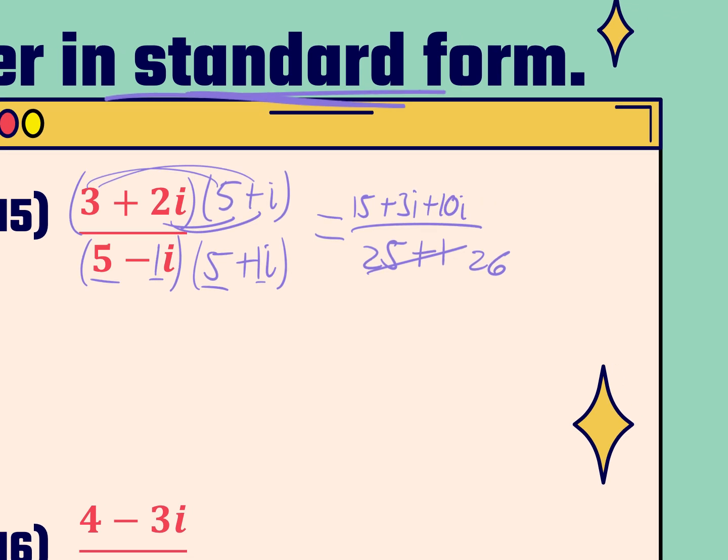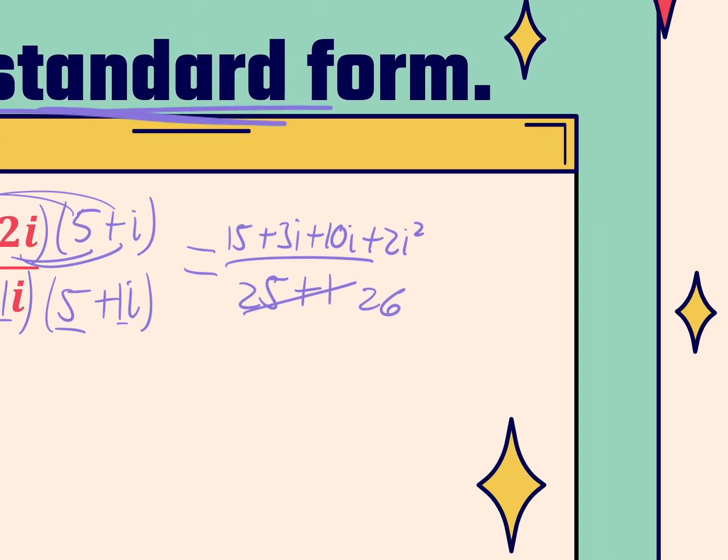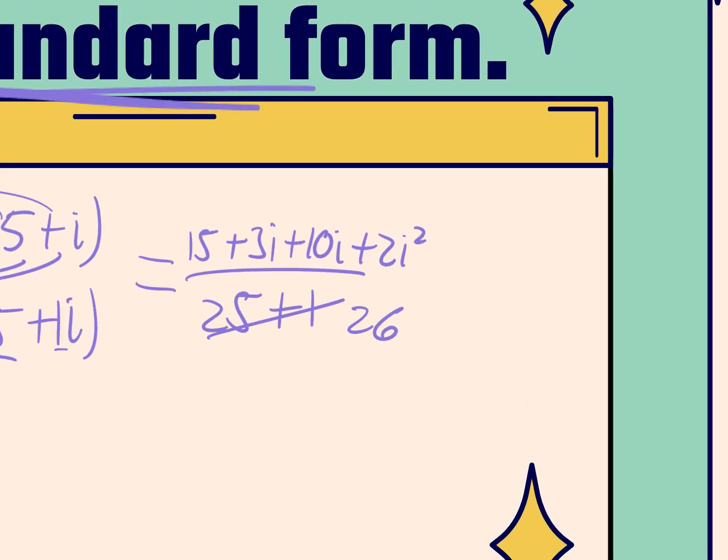And then 2i times the i is going to be plus 2i squared. All right, now replace the i squared with a negative, right? Replace the sign in front with its opposite. So instead of plus 2i squared, it's going to become a minus 2, real number 2.